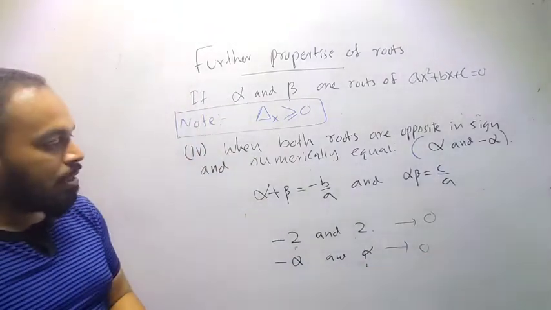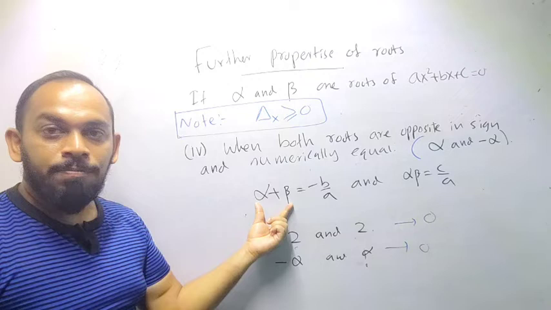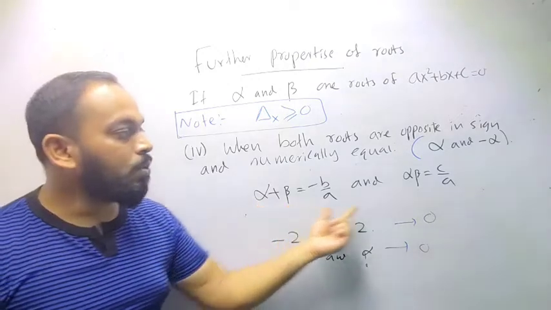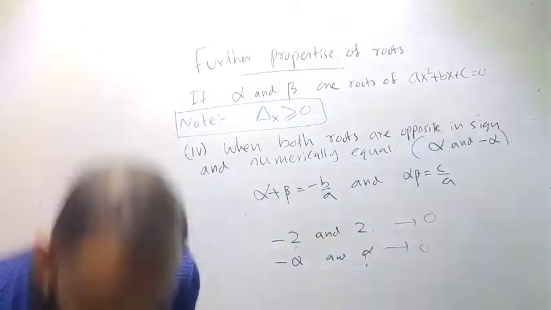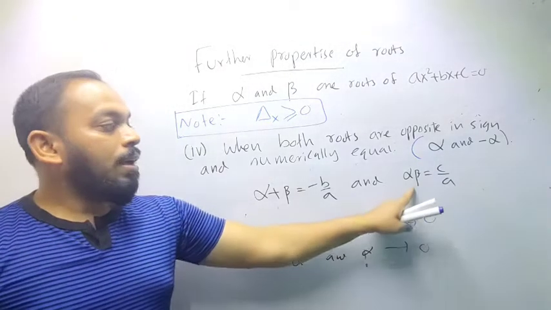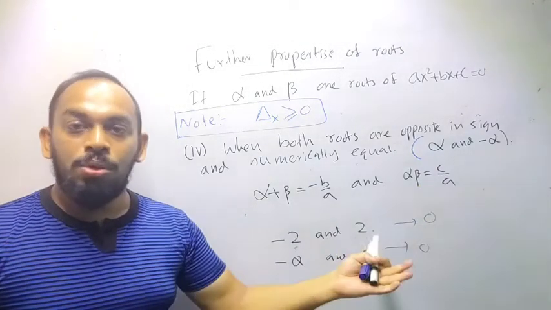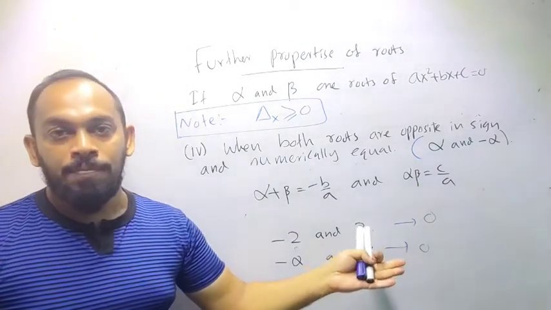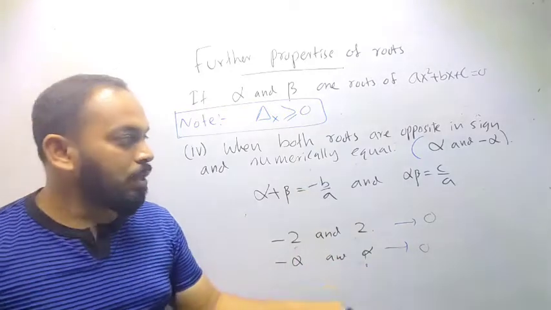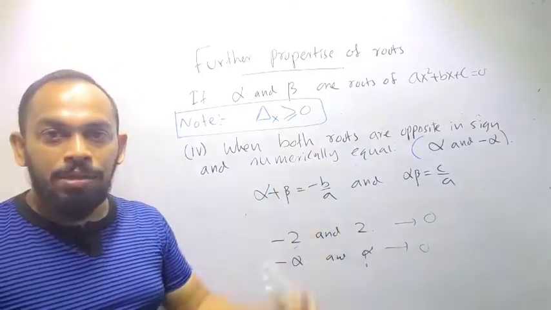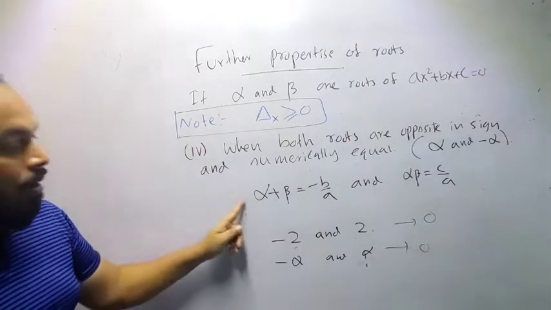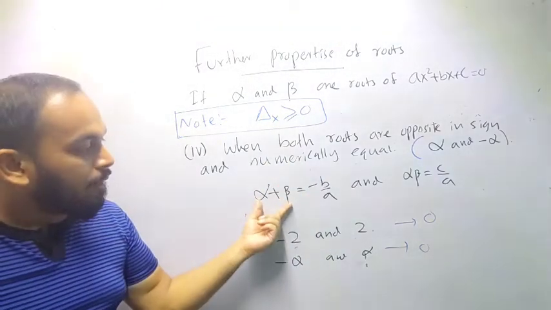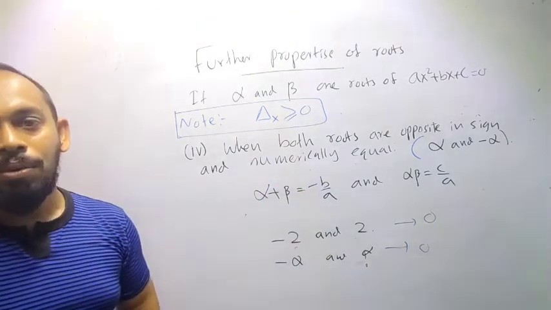Which means the summation would be 0. The product is negative, as in the previous case number 3. So we have a way to distinguish between this case and the previous case, and the distinction can be made when alpha plus beta equals 0.